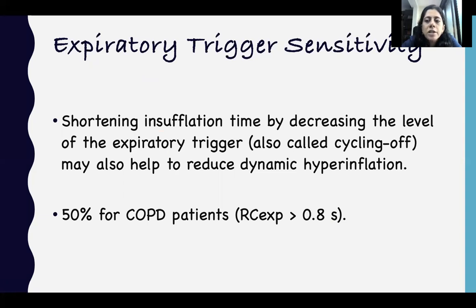But in patients with COPD, because we want a shorter inspiratory time, we set this expiratory trigger sensitivity to 40 to 50%, 40% on average. But in some bad COPD patients, we may even have to set it at 50% of the peak inspiratory flow rate. So we have to set a higher expiratory trigger sensitivity.